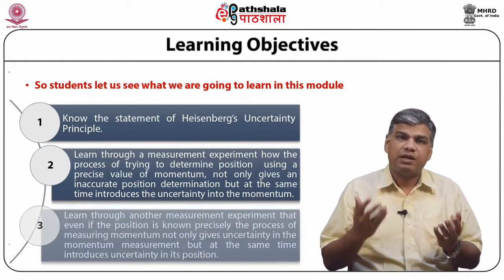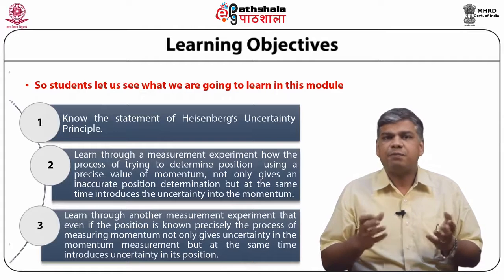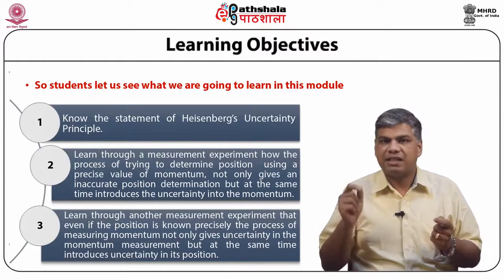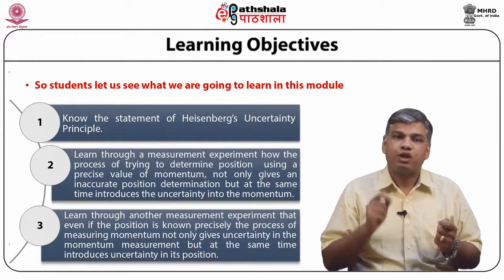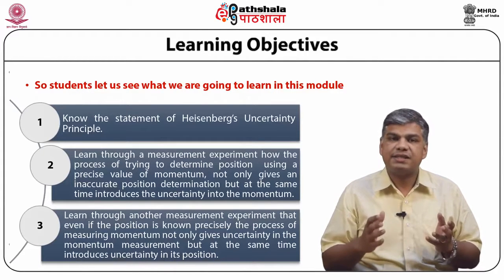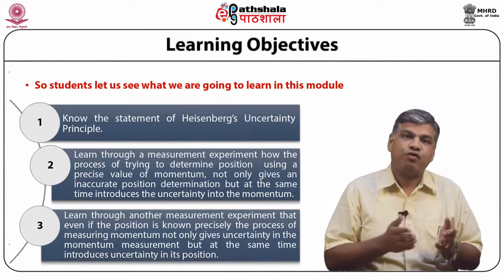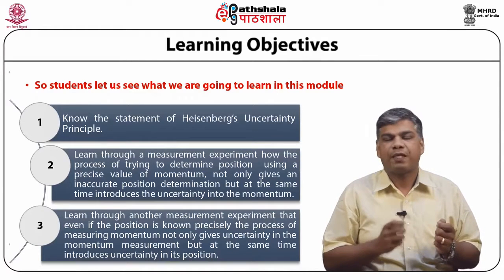Thirdly, we learn through another measurement experiment that even if the position is known precisely at the beginning of the experiment, the process of measuring momentum not only gives uncertainty in the momentum measurement, but at the same time introduces uncertainty in its position also.